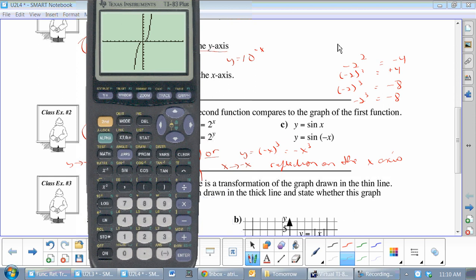Now, if you reflected this on the y-axis, it would look like this, right? If I reflected on the y. What happens if I reflected on the x-axis? It would look like, see how they both give the same graph no matter what? So sometimes when you reflect something on the x or the y, it does give the same picture.